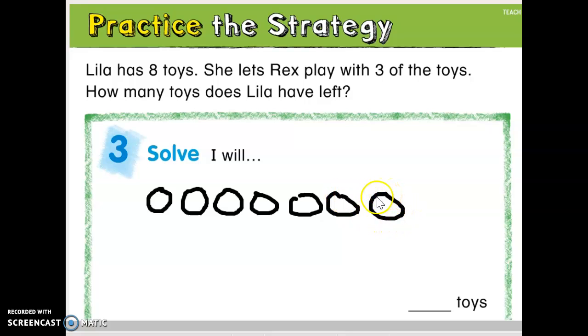Those are the toys. Now, she lets Rex play with 3 of the toys, so I'm going to go ahead and X off 3 of those toys that she let him have. How many does she have left is the difference, which is our answer right here. We just have to count up what we have left over. 1, 2, 3, 4. So we're going to write 4 toys is the answer to our problem.